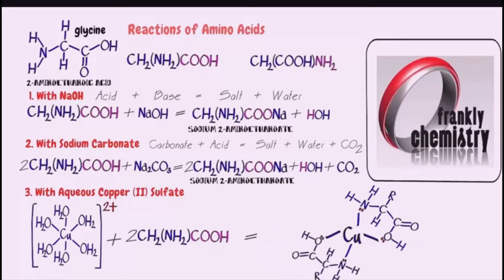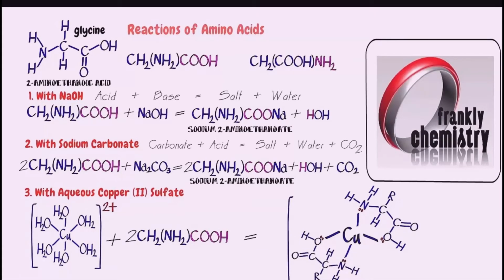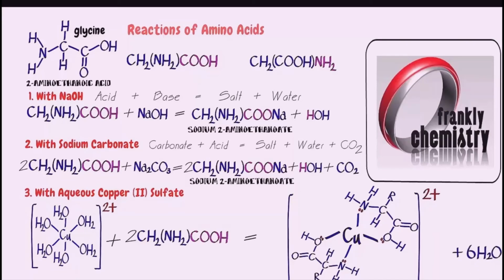And again, it forms 2 coordinate bonds with the copper. We've changed from what's referred to as a 6 coordinate metal complex on the left to a 4 coordinate metal complex on the right. Just as water ligands are neutral, in this case the amino acid ligands are neutral as well, so the charge on this metal complex is still 2 plus, you'll note. And we have displaced or exchanged the 6 water ligands.